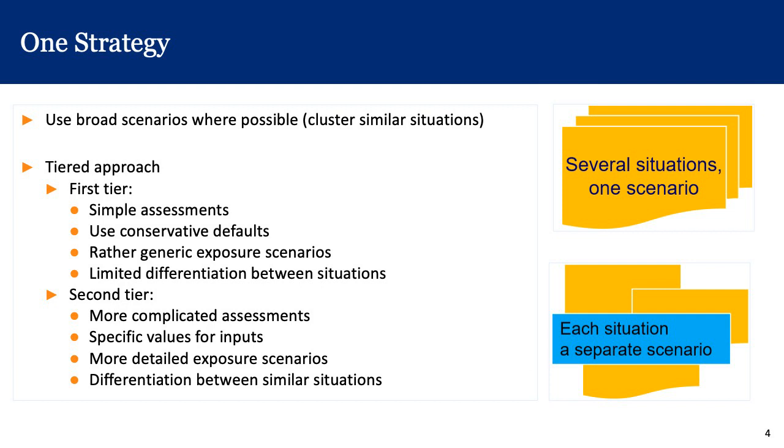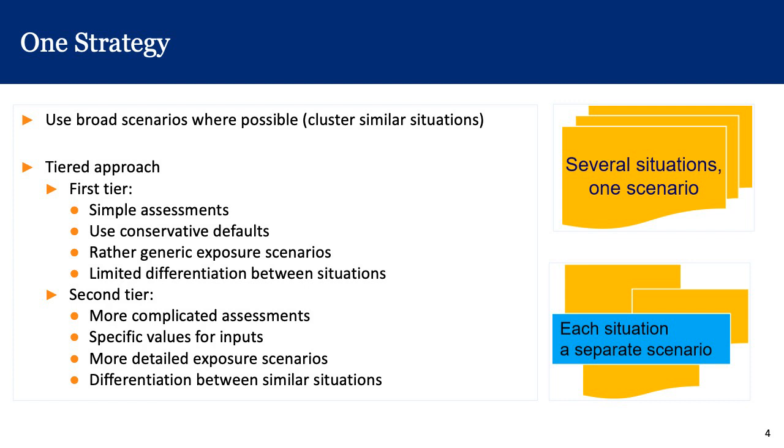One approach, one strategy, is to use a tiered approach. And before we get into that, we should see if we can cluster some of the different scenarios where exposures can occur. So we are using very broad, very generalized scenarios that are applicable to many situations.